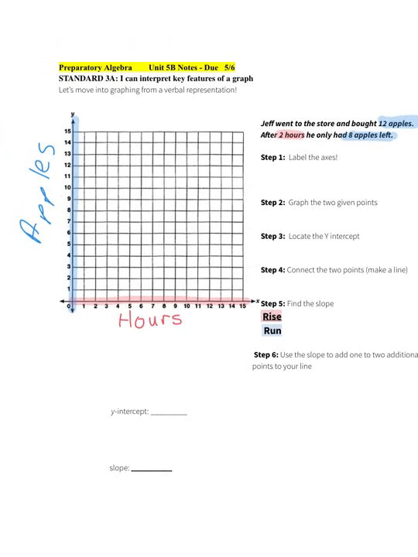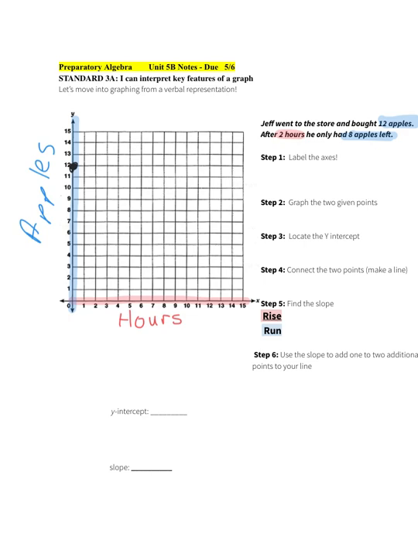My next step, step 2, is to graph the two given points. So we look here, and he went to the store, and he started with 12 apples. Well, apples is right here, so I'm going to go up this, and I'm going to put my 12 right there, because he started with 12 apples, so that means it's 0 hours. Okay, so I graph my first point, then I have my next point.